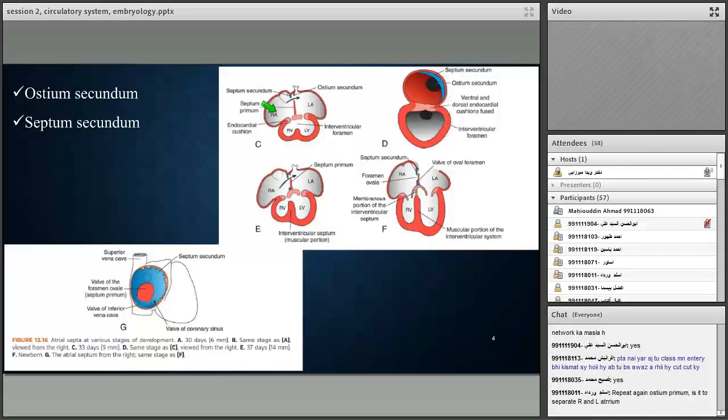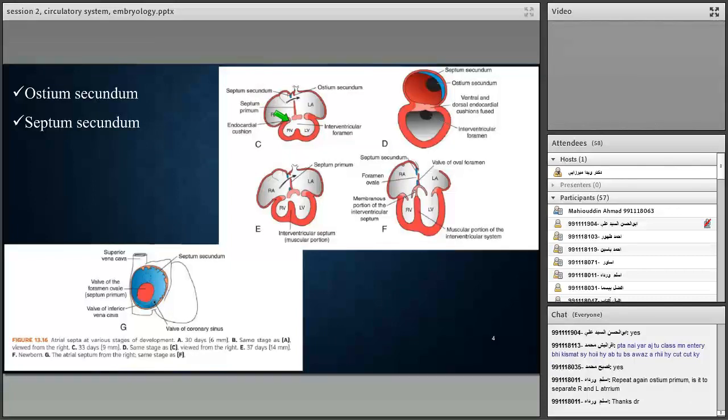The ostium primum is closing by the growing of the septum primum and these endocardial cushions. But at the superior portion of the septum primum, there is another hole which is called ostium secundum.